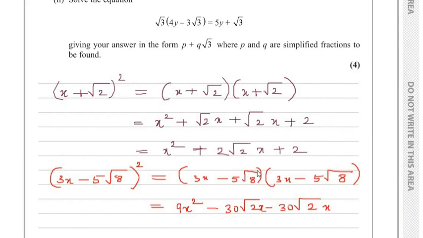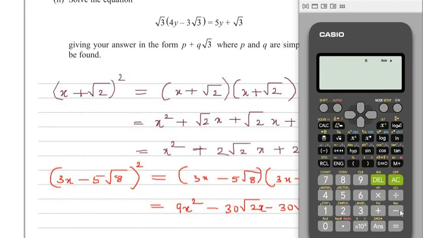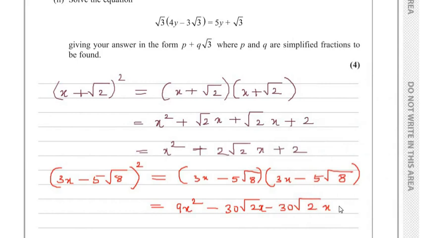Now minus 5 root 8 times minus 5 root 8. So let us check how much we get. Minus 5 root 8 multiplied with minus 5 root 8, here we get plus 200. So let us write here plus 200.